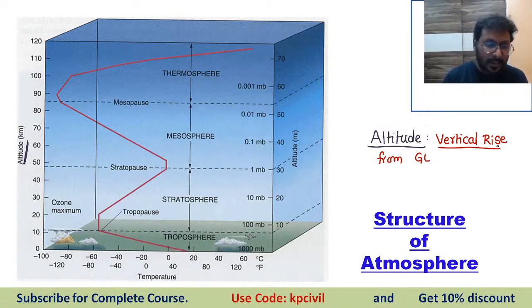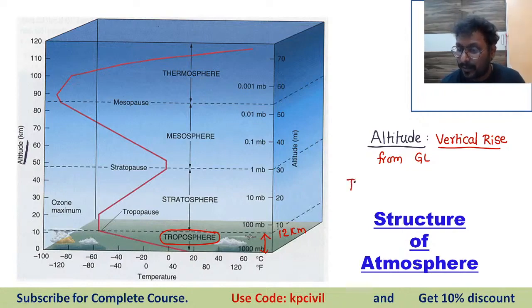So this altitude, 0 to 12 kilometers, exactly 0 to 12 kilometers altitude, we consider that zone as the troposphere.